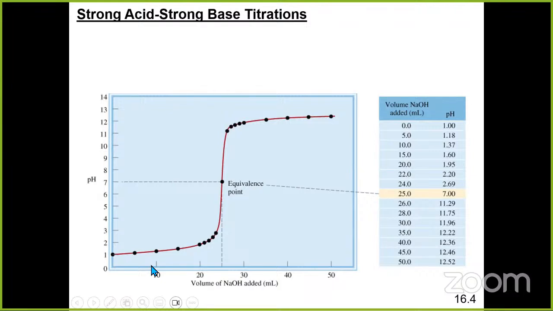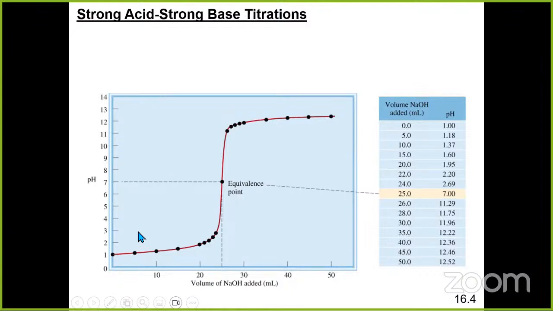So if you think about the setup I just described, you're going to have your solution, which is acidic, in the flask below the burette, right? Now, an additional part of this particular experimental setup would be that you would put a pH meter probe into the solution to measure the pH at the instant that you're adding your base, right? So that's basically the plot that will result, as you can see here.